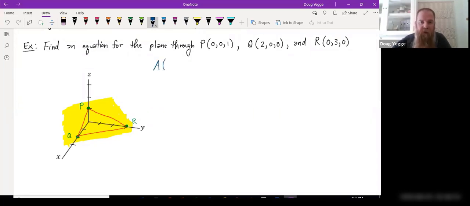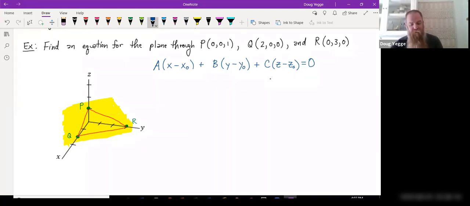The form would be a times x minus x0 plus b times y minus y0 plus c times z minus z0. Now when we talk about x0, y0, z0, all that is any point that we're given. So we virtually could use any one of the points we want.